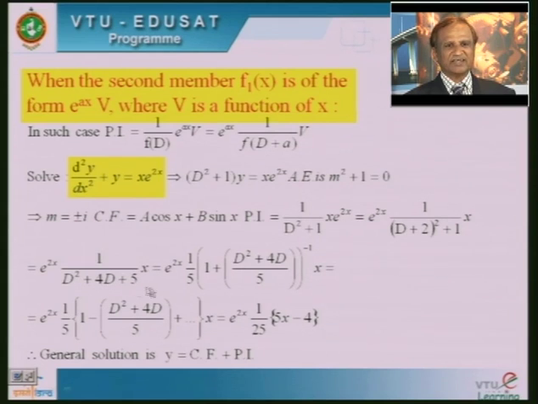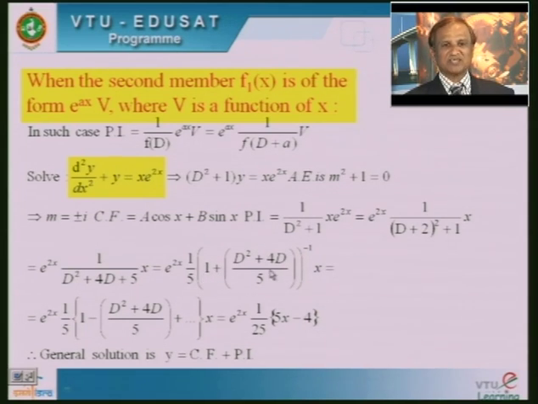That is why I can take out 1/5. And the remaining thing can be written in this form: if I take out 5 from all these terms, it can be written as 1 + (D^2 + 4D)/5, and I have written it in the numerator, that is why it is a negative power, to the power minus 1, into x.